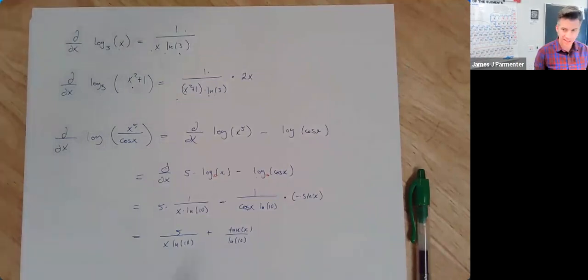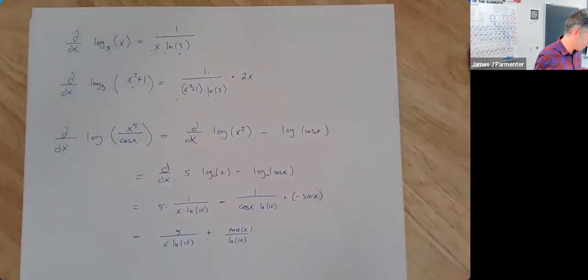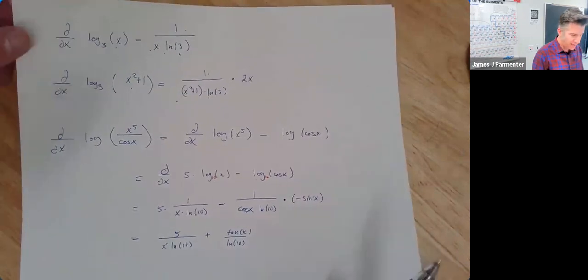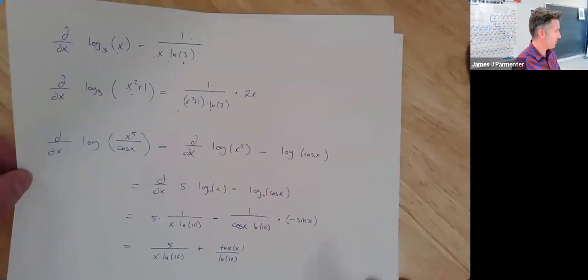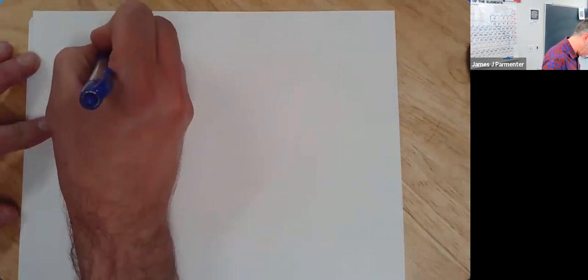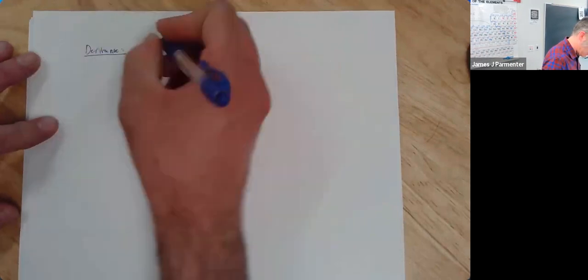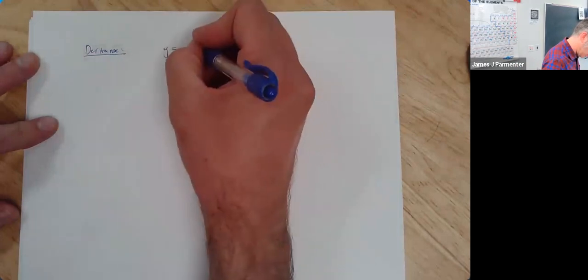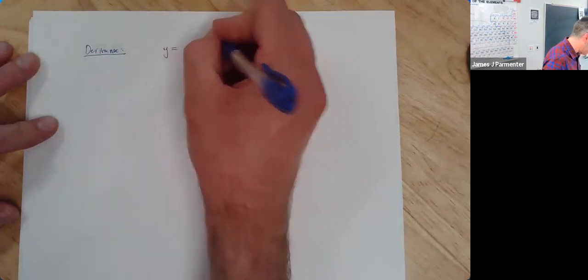Okay, there are still so many things to talk about. The last flavor of this is when you can have really complicated things. For example, you could say, I want to find the derivative of y equal to 6 to the 7 to the x.